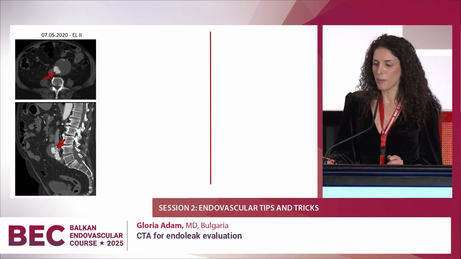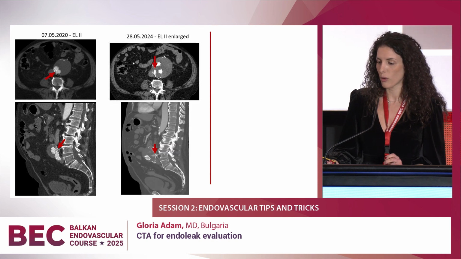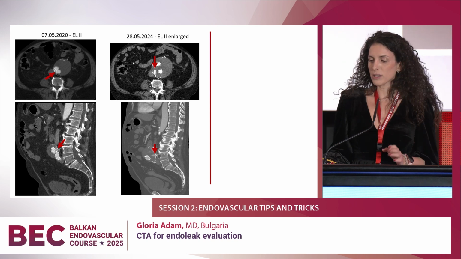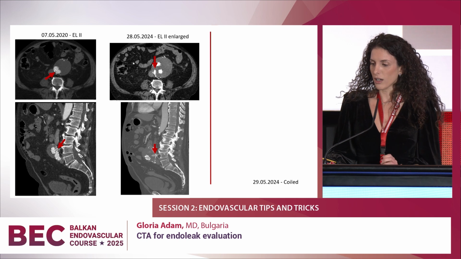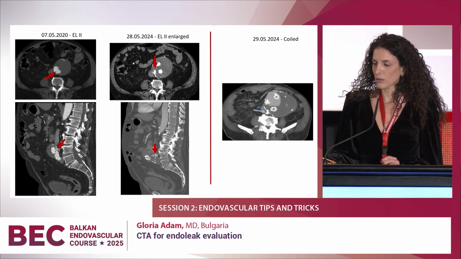And at follow-up, we see there is a small leak, type 2, from the lumbar artery at the back of the aneurysm sac, which on follow-up was slightly enlarged, not so much, and it was decided to be coiled, that lumbar artery.